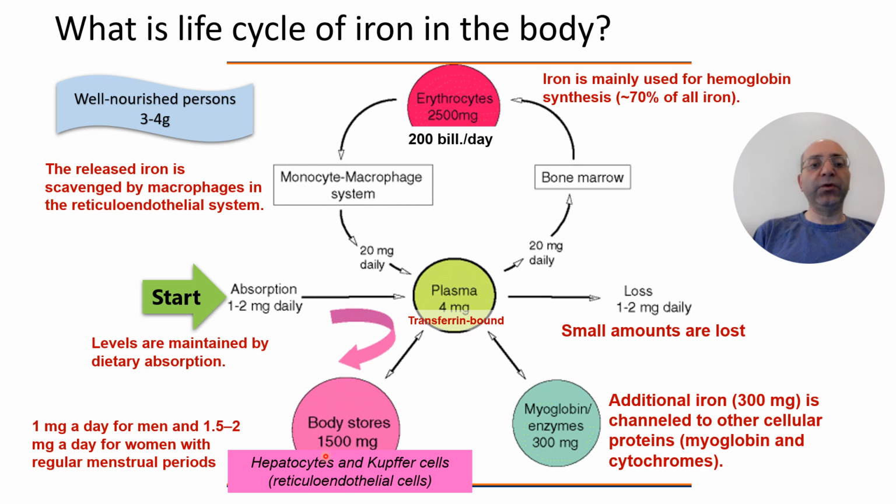That's about 1.5 grams. Also, good amount of iron would be stored or would be placed in myoglobin in muscles to store iron. طبعا راح يكون عندنا كذلك كمية من الايرون موجودة بالميتابوليك enzymes مثل السيتوكروم P450 enzymes.